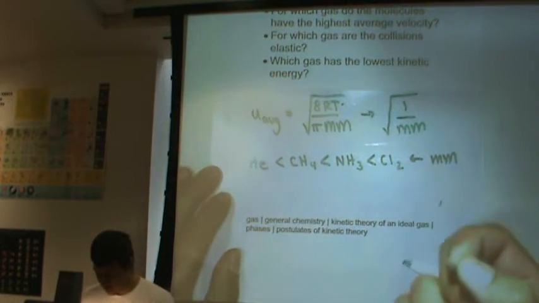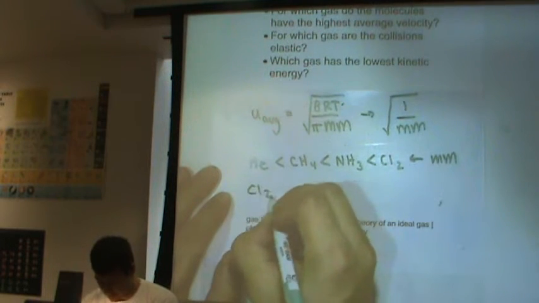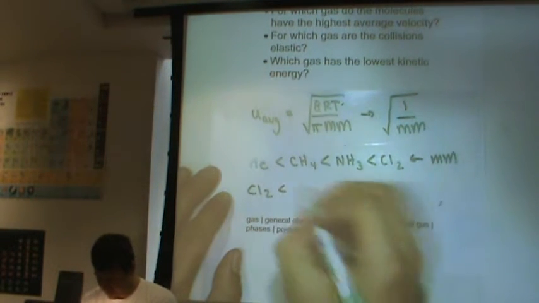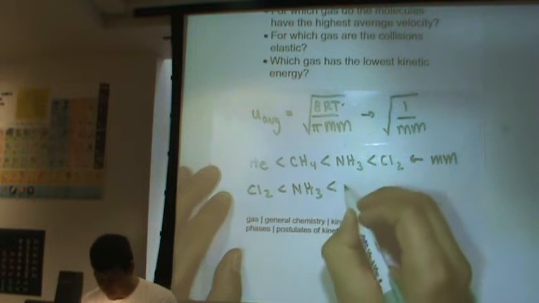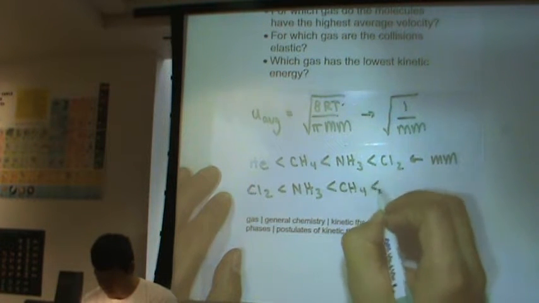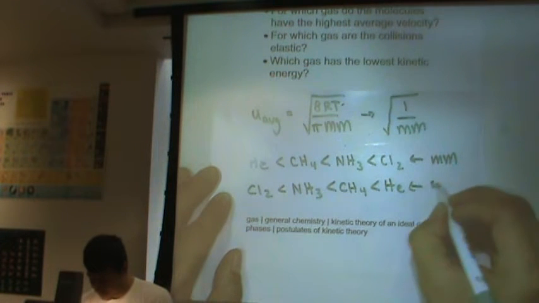Our heaviest molecule, based on molecular mass, is chlorine, so that's going to be the slowest one. Next up is ammonia, then methane, and then helium. So this is arranging in speed.